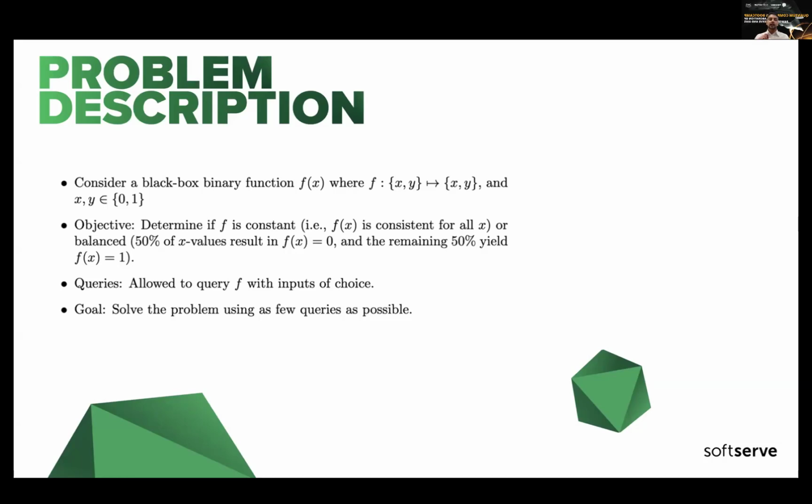Note that by definition, the function f(x) is binary, which means it acts on only zeros and ones, and it outputs zeros and ones. That's what it means that x and y are in the set {0, 1}: x and y can only take the values of zeros and ones, and the function also outputs zeros and ones. Assume that you're given this black box function. Your objective is to determine what this function is. We don't know, it's a black box. We just know the input types and the output types.